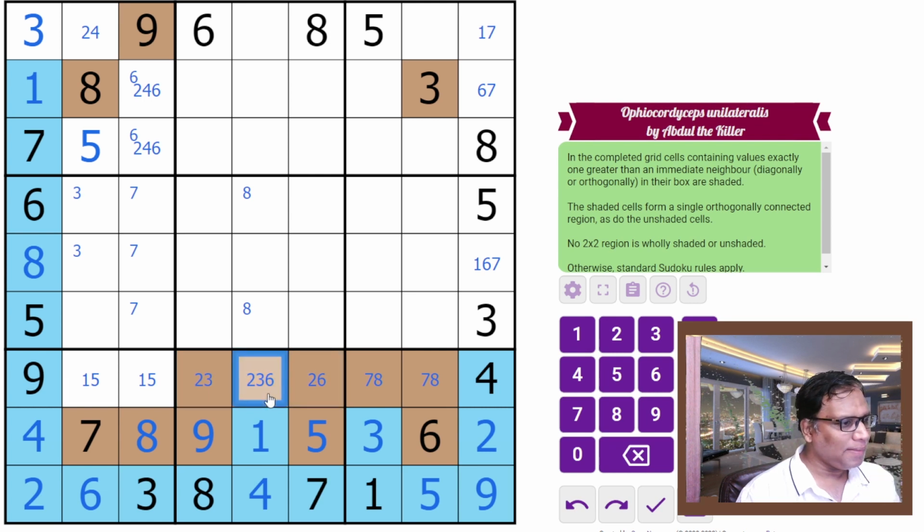Yeah, can this be 6? This cannot be 6, right? Because if this is 6, this is going to be 2, this is going to be 3. But in that, wait, maybe I have done something. So that is still possible, right? That is 6.